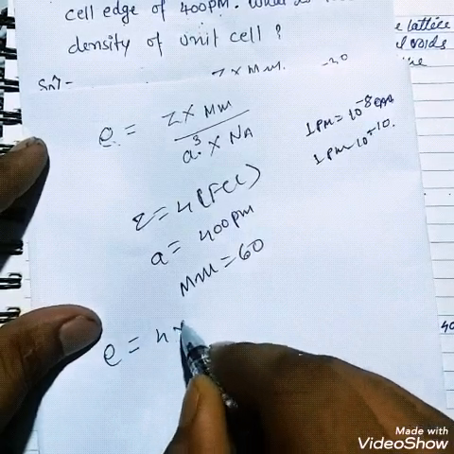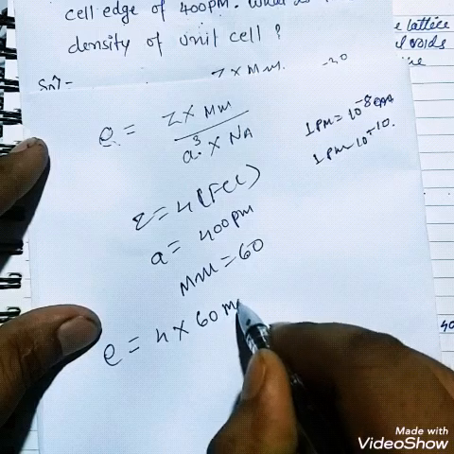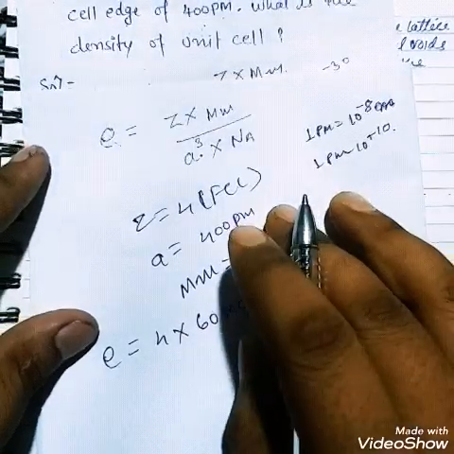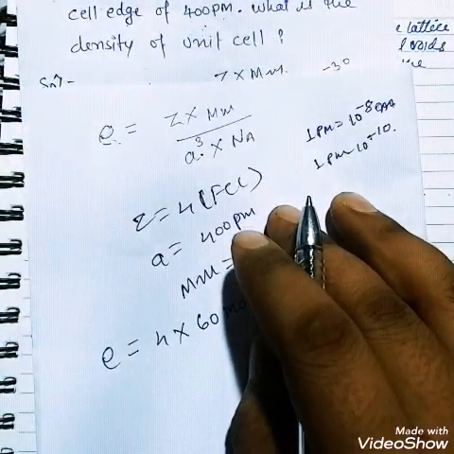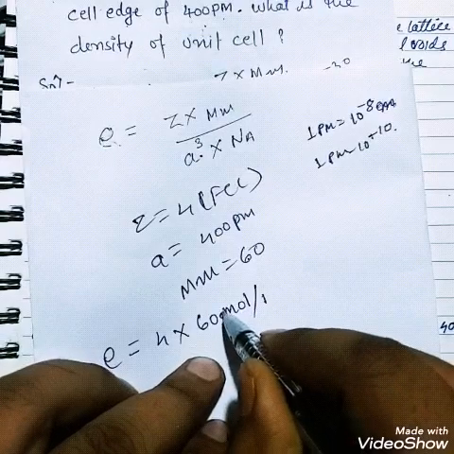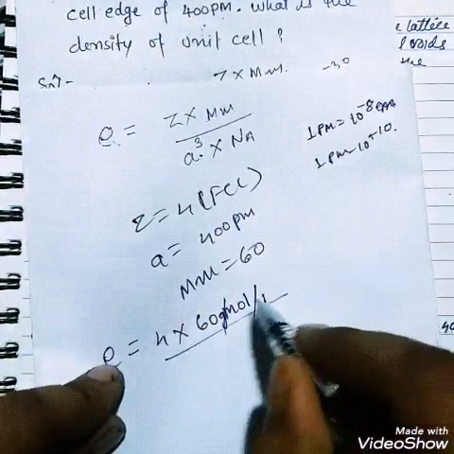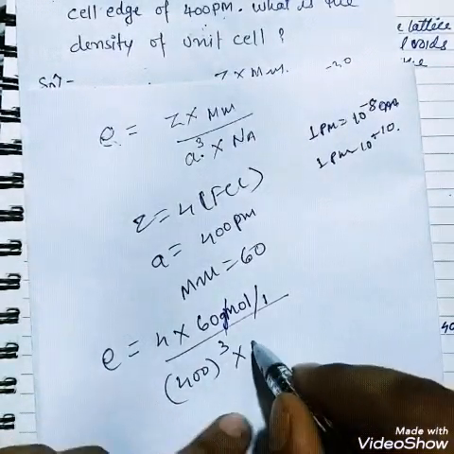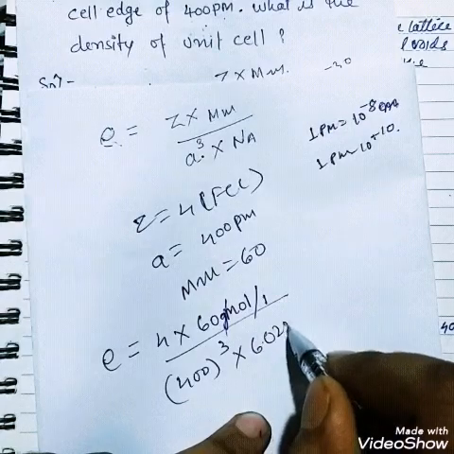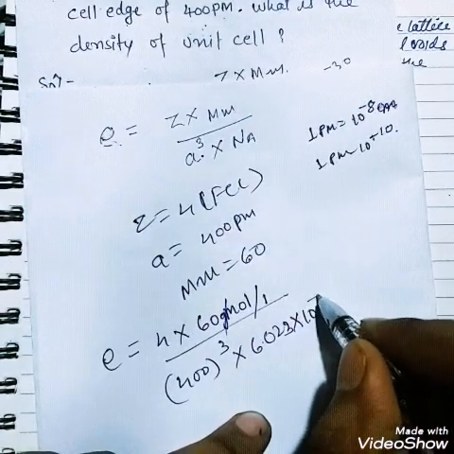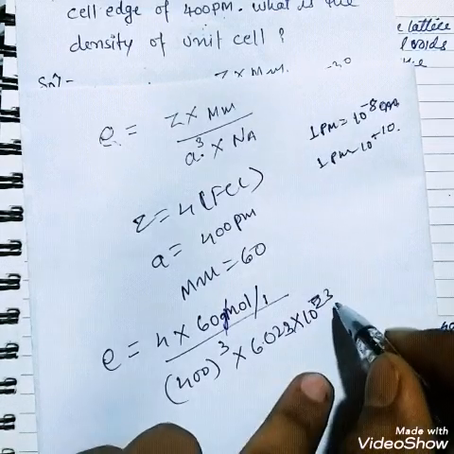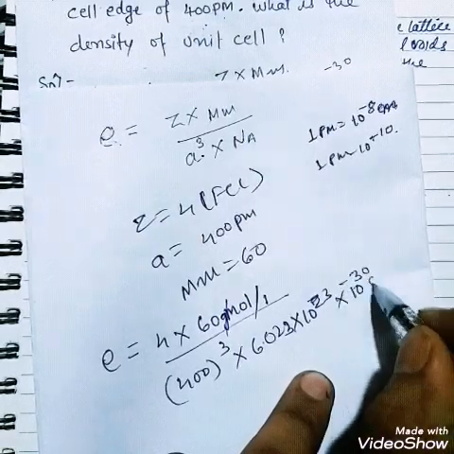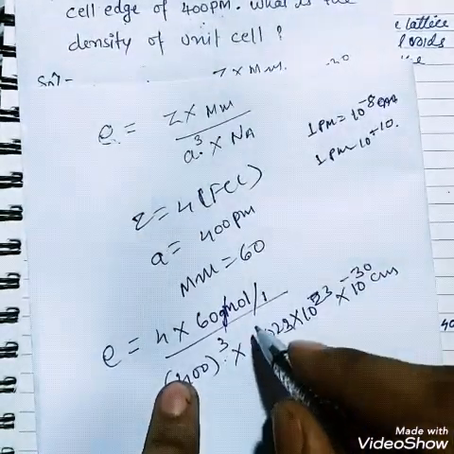So 4 into 60, that is 60 gram per mole, and edge length 400 cube into Avogadro number 6.023 into 10 to the power 23, and I am also writing 10 to the power minus 30 centimeter cube because I have not mentioned picometer.